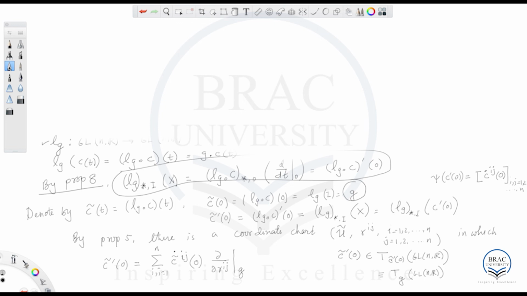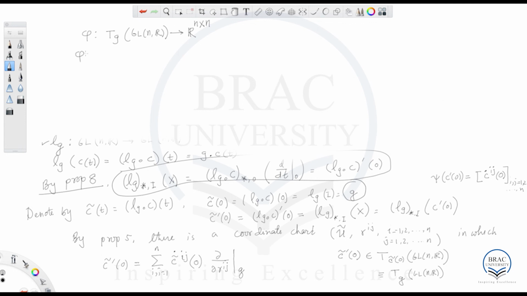Now I need to define a map phi from the tangent space T_g GL(n, R) to the space of all n times n real matrices in the following way.